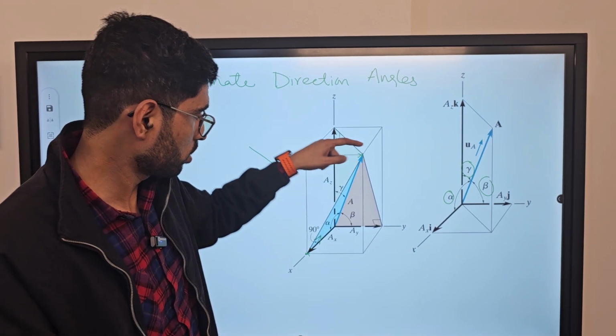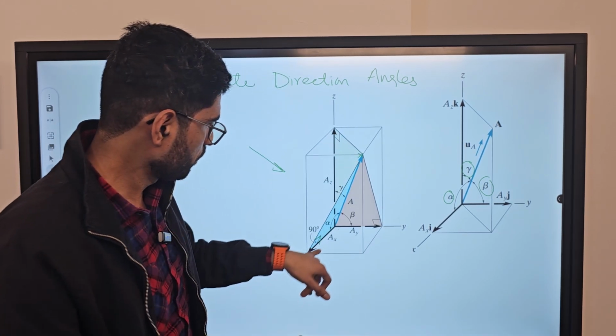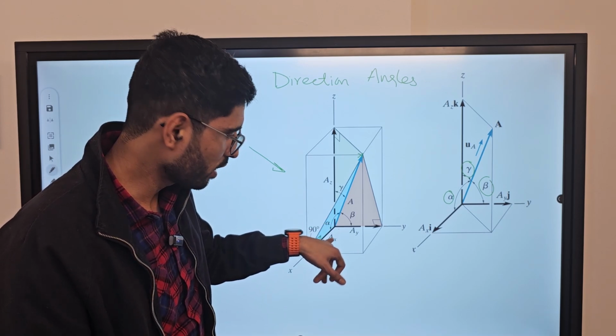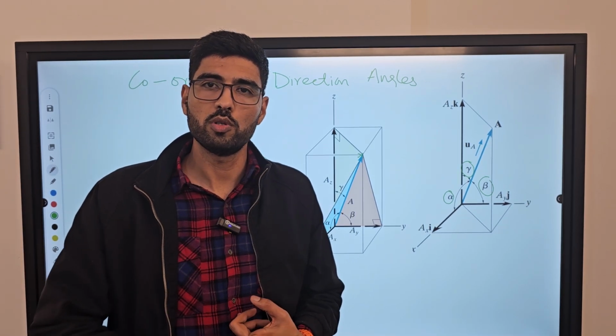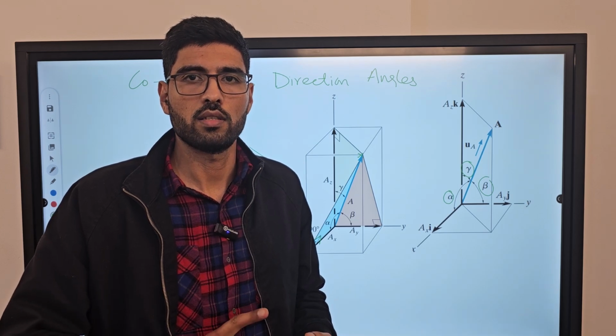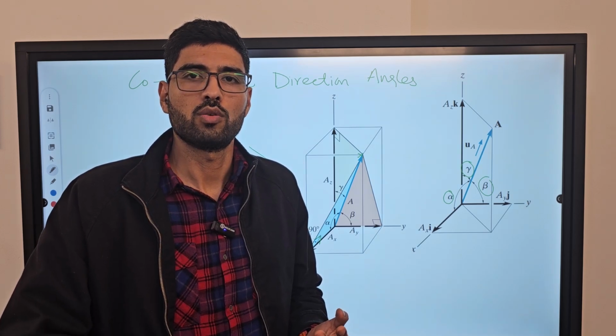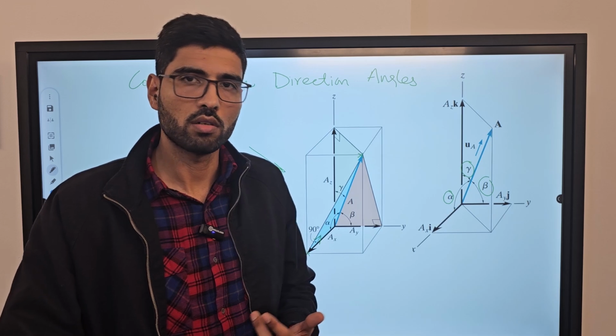If we look into this blue triangle, then angle alpha is made with AX. As I told you in the start, the component with which the angle is made is always the cos component.